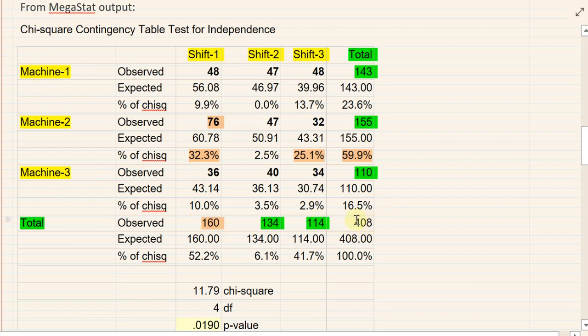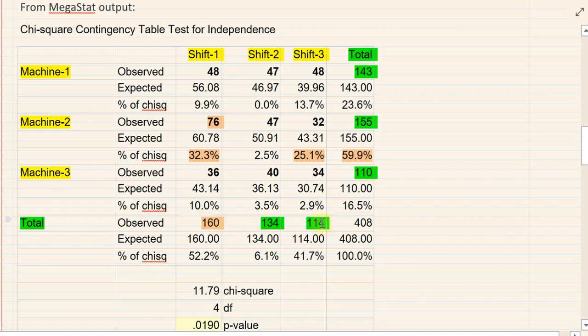The grand total produced during 3 shifts coming out of all machines, this may be 1 day of production, is 408 rejected umbrella handles. So the things that you see here, I have in the body of the table, and this particular one is in the margin. For example, if you look at shift 1, the greatest number of rejected handles come during shift 1. Comparing, shift 3 is doing better.